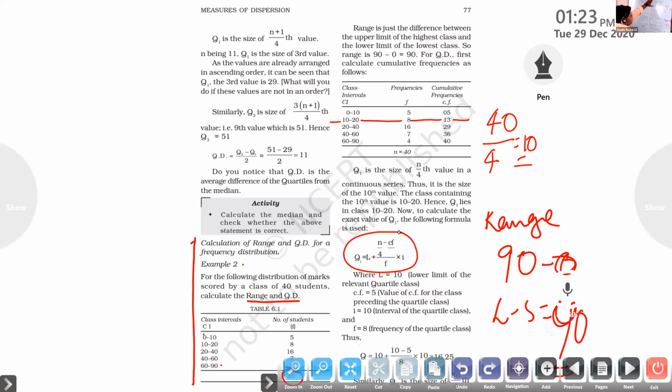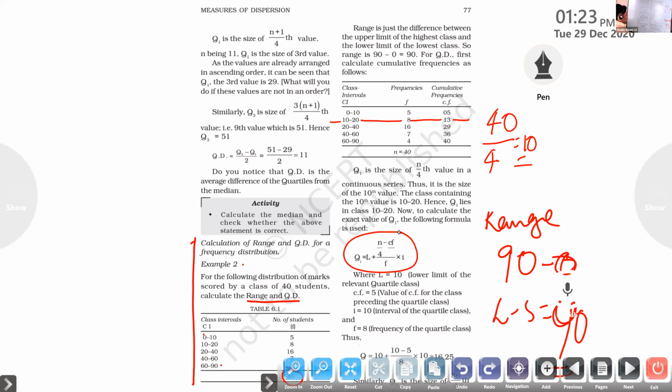So this is the quartile class, and the lower limit of the quartile class is L. So we got 10.